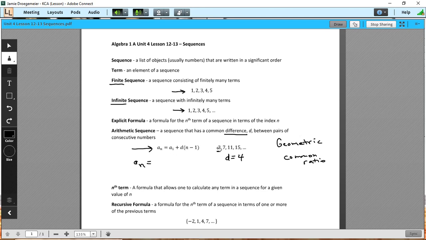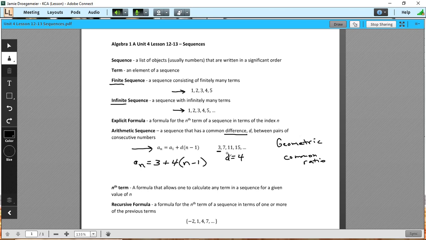That's the first term in the sequence. So the first term in our sequence here is 3, plus our common difference, which is 4 times n minus 1.